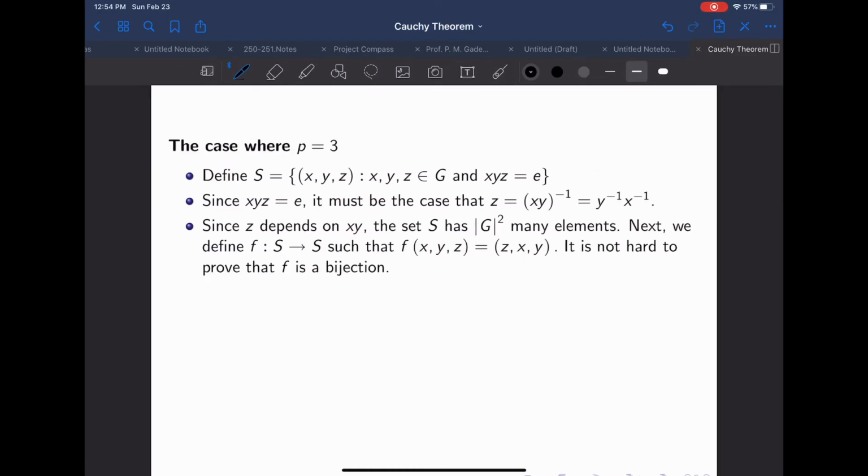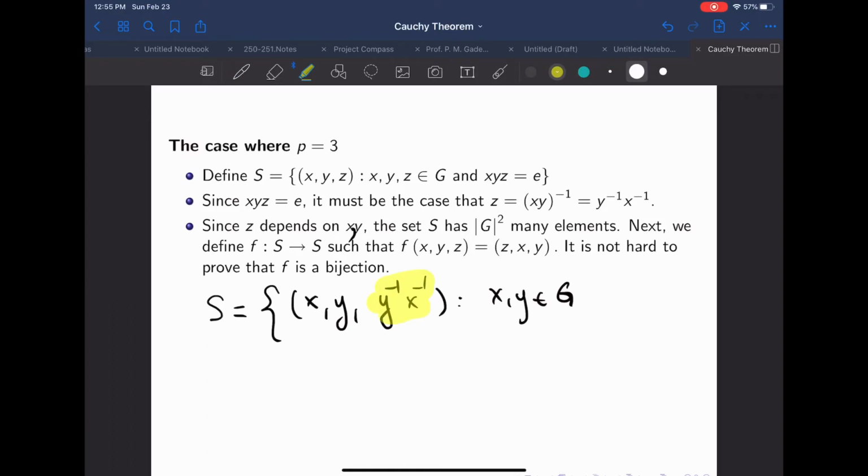Since z depends on just x and y, if you want to count the number of elements in S, it won't really matter what is happening in the third component, because the third component depends on your choice of x and y.